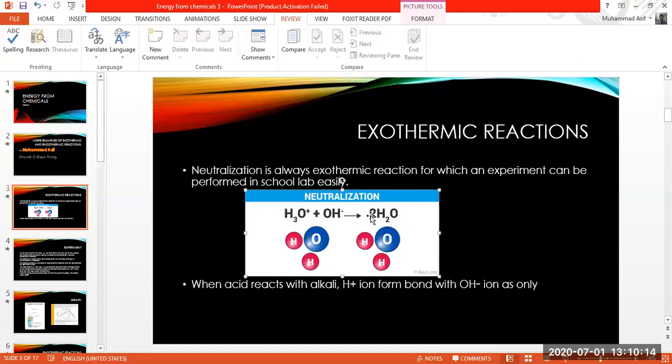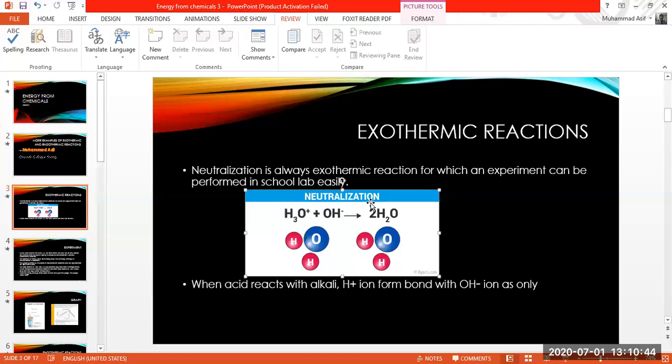As in this process, there is no bond breaking taking place, only bond forming is taking place. And also this reaction represents that the ionization of acids and alkalis is much more as compared to water.